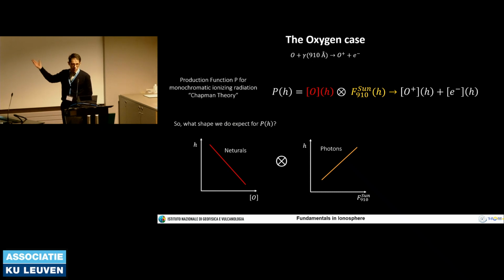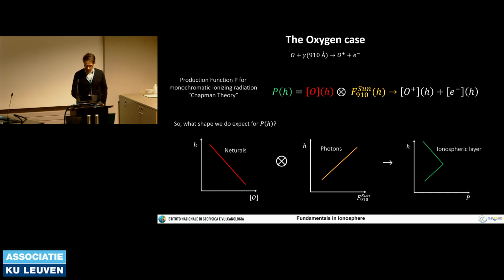So if you want to convolve these two functions, you get this. That is a beautiful ionospheric layer. That's a beautiful, very simple model, with a single species inside, ionospheric layer.